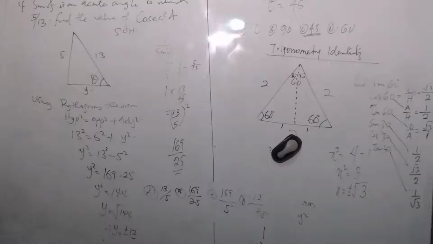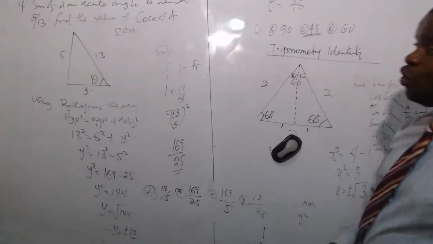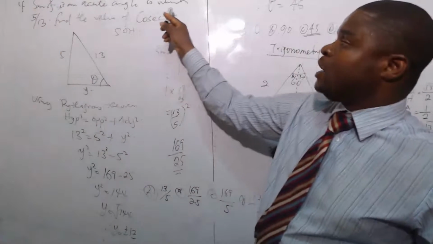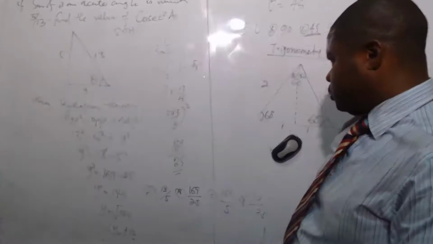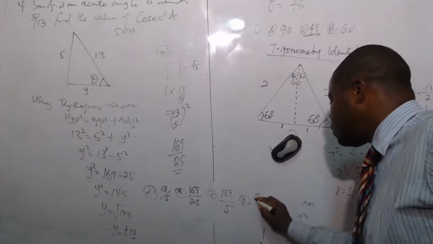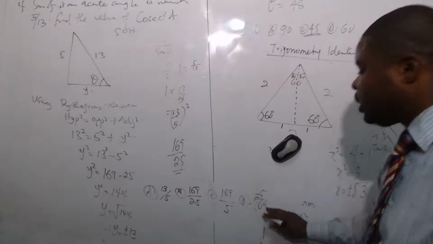Students under tension can make mistakes, and most students will just see this one is A and here is A. What do they do? They will just square that value. So you have 25/169 in the options.